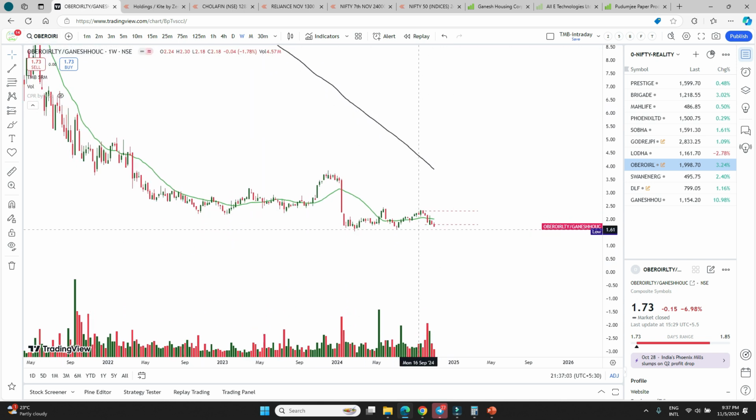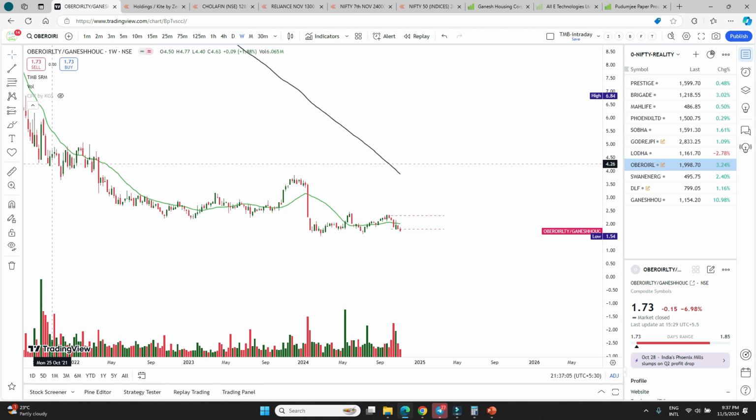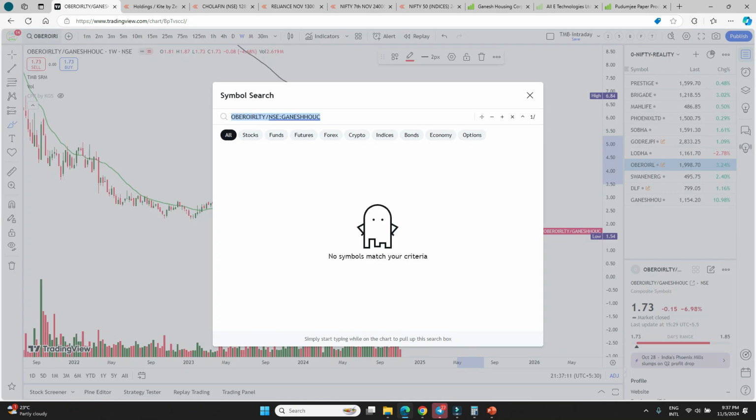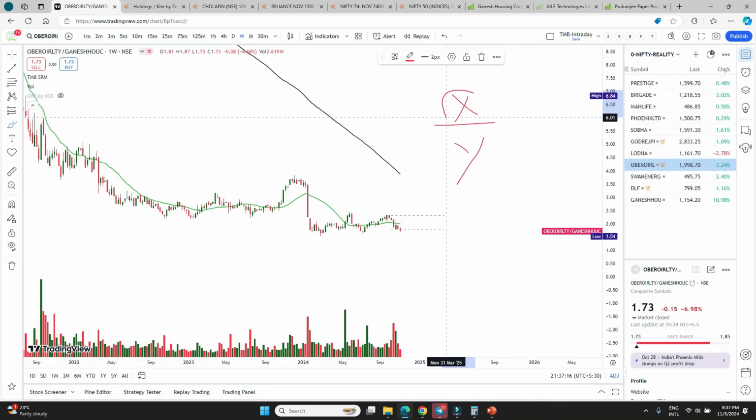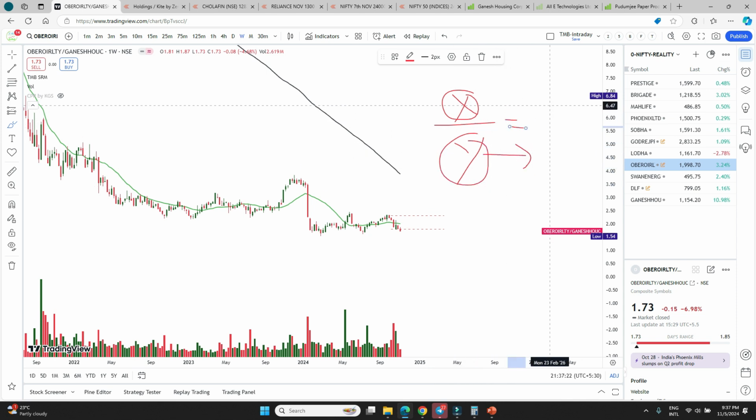Let's say you have some x divided by y. x is the numerator and y is the denominator. If the denominator value is very high, the result will be a lesser value. If the denominator value is lower, the result will be a higher value.